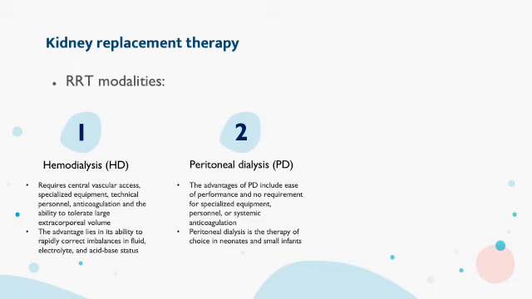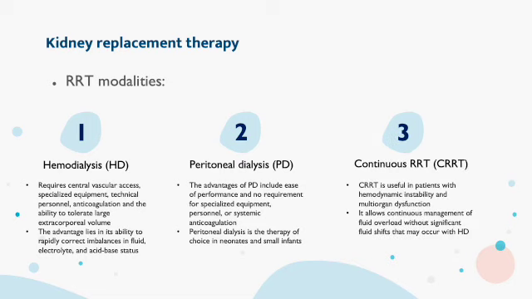The second modality is peritoneal dialysis, and the advantages of PD include easy performance, no requirement of specialized equipment or systemic anticoagulation, and it is the therapy of choice in neonates and small infants. Continuous renal replacement therapy is extremely useful in patients with hemodynamic instability and multi-organ dysfunction because it allows continuous management of fluid overload without significant fluid shift that may occur with other modalities.